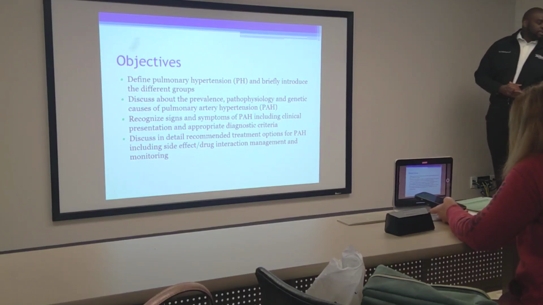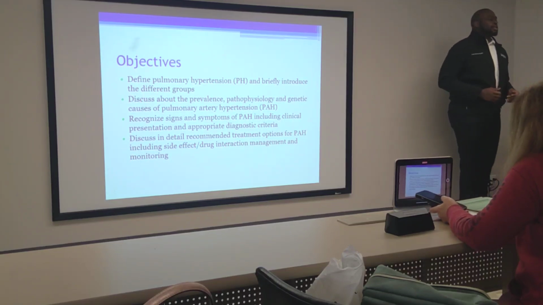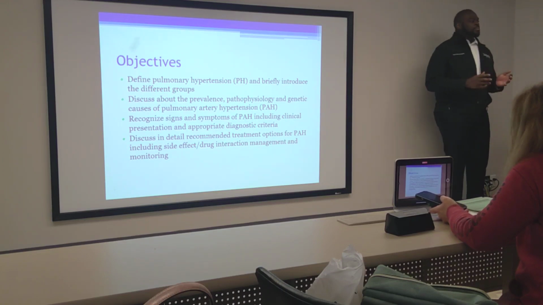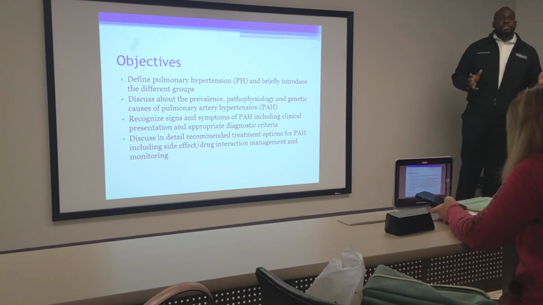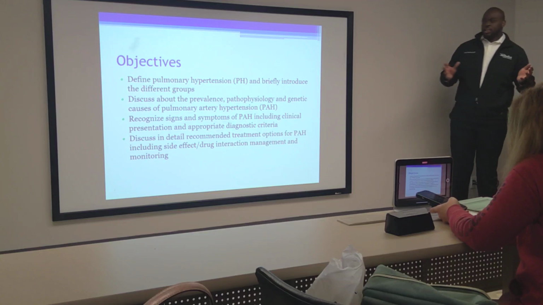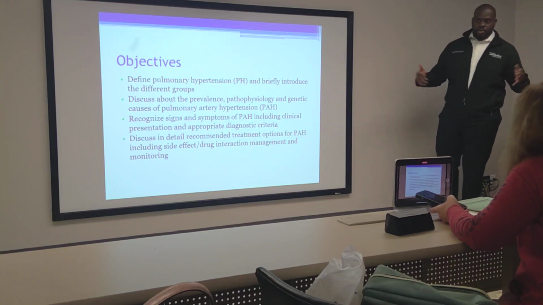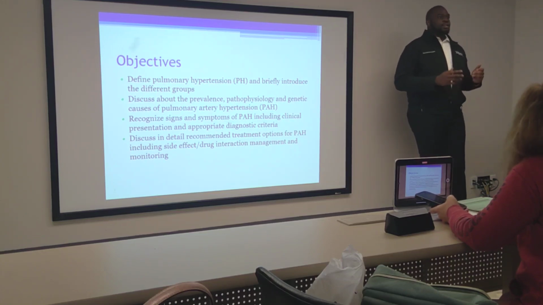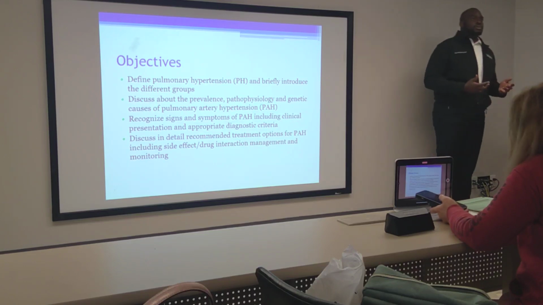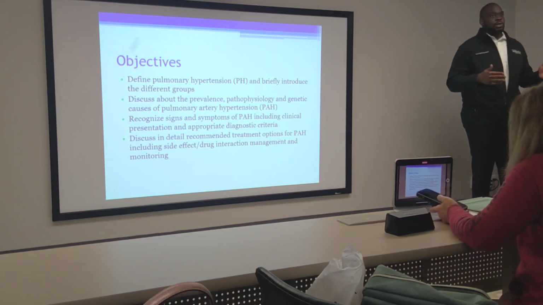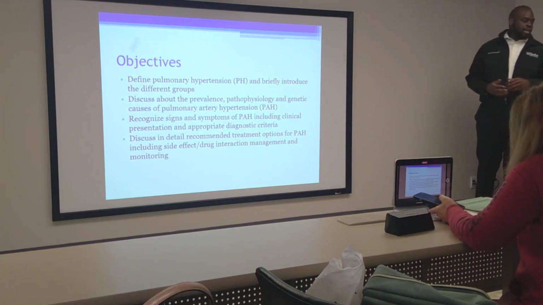All right. Now, our objectives for this lecture today are to define, firstly, pulmonary hypertension, also known as PH. You will see a lot of acronyms here because there are a lot of groups, and we're going to cover different groups, such as pulmonary hypertension, including PAH, which will be our focus for today.